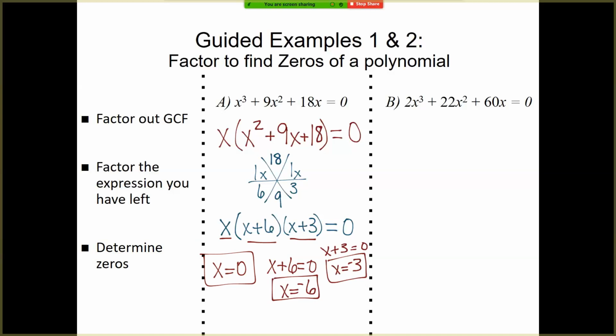So your greatest common factor in this case is going to be 2x. All three terms are divisible by 2 and x. So I'm going to divide all three terms by that 2x, which gives me x squared plus 11x plus 30 still equals 0.